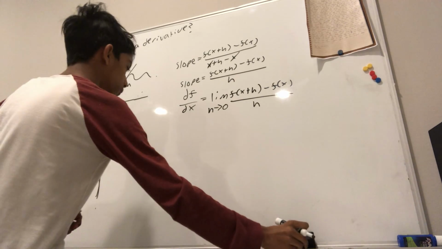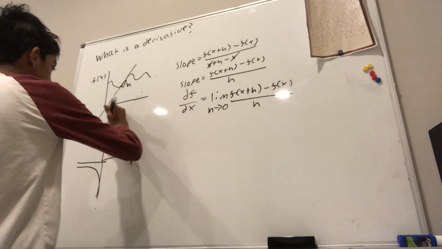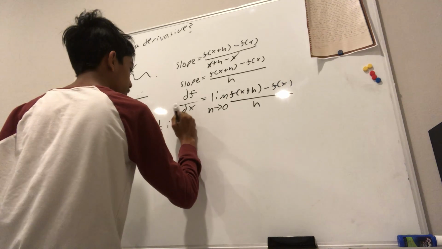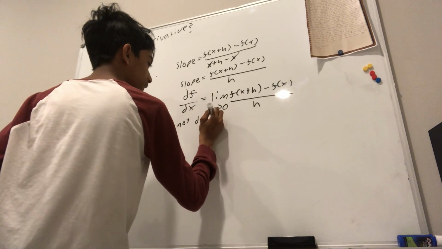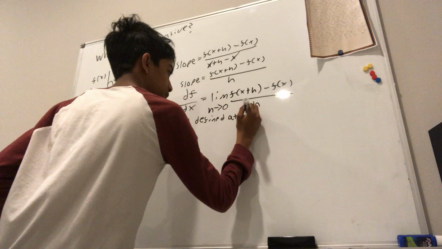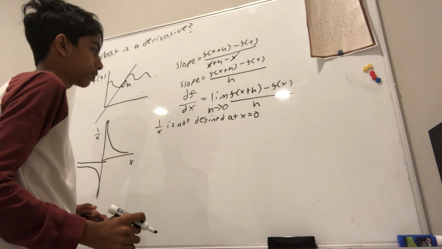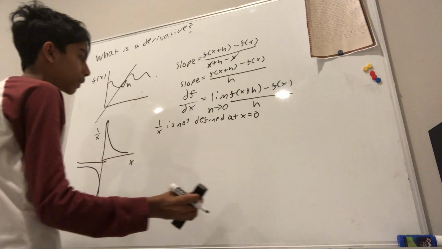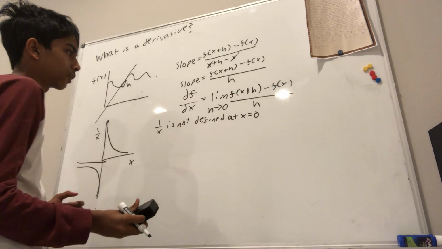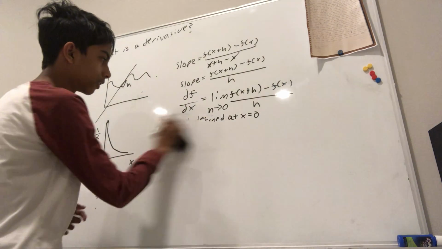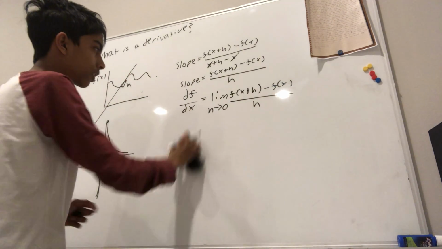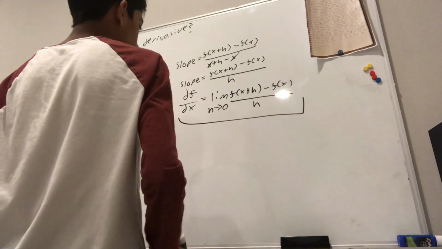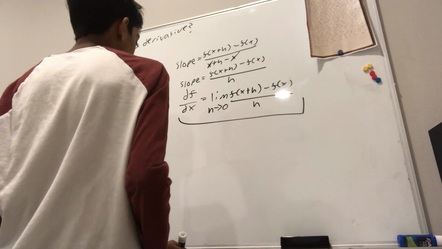When you take the derivative, you can't take the derivative at point 0 because 1 over x is not defined at x equals 0. So it's not differentiable at that point, because you can't find the slope at that point, simply because the function is not continuous at that point. So anyway, this is just the definition of a derivative. And let's try and apply it to some functions.